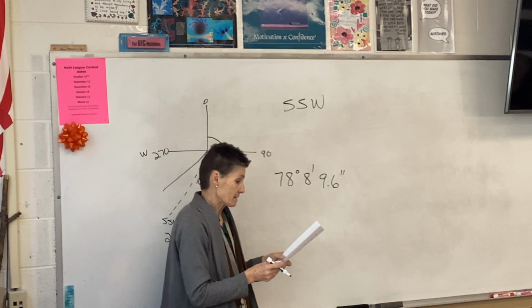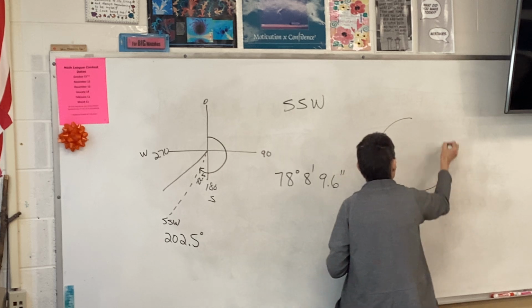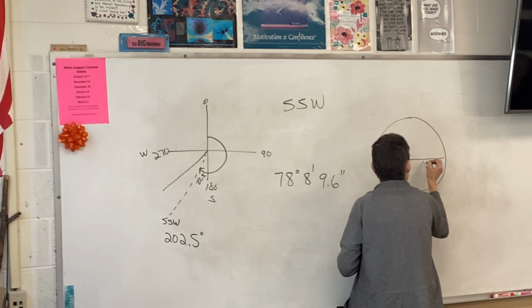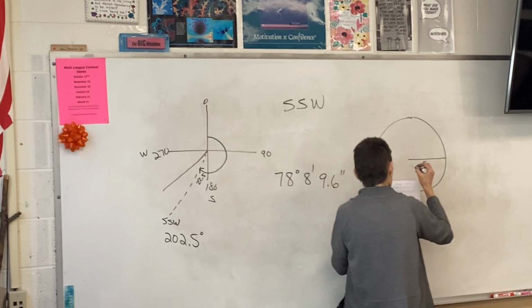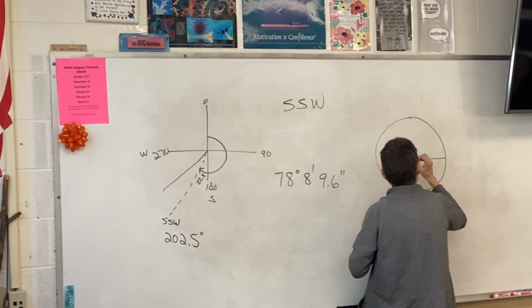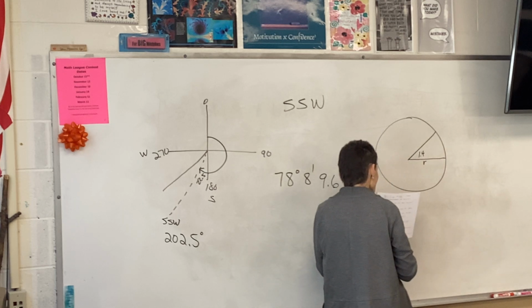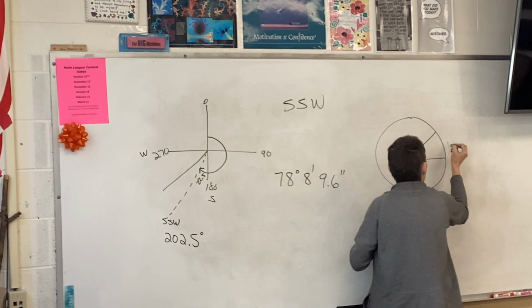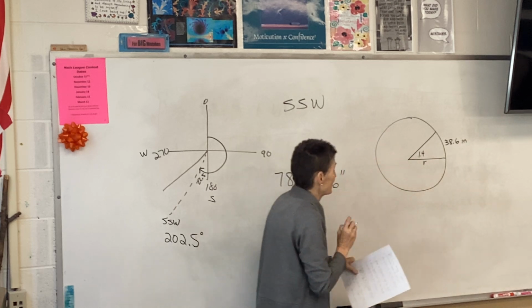All right, number 6. Find the radius of a circle. So here's our circle. We're going to find the radius of the circle in which a central angle of 1.4 creates an arc of 38.6 inches. Okay, so my picture's off a little bit, but that's okay.